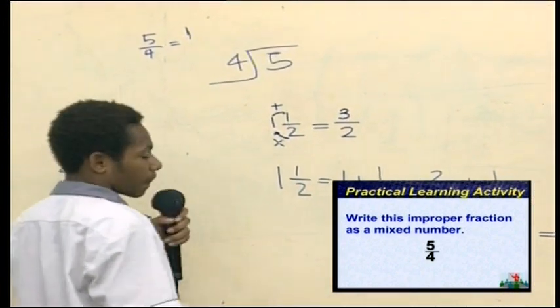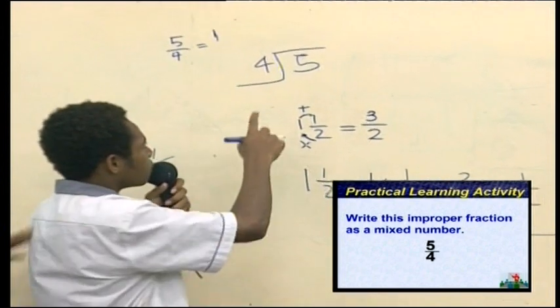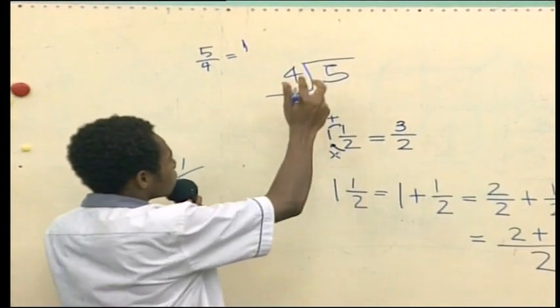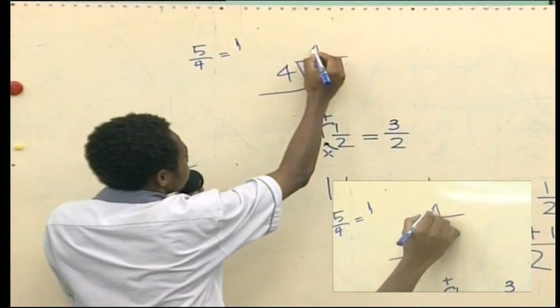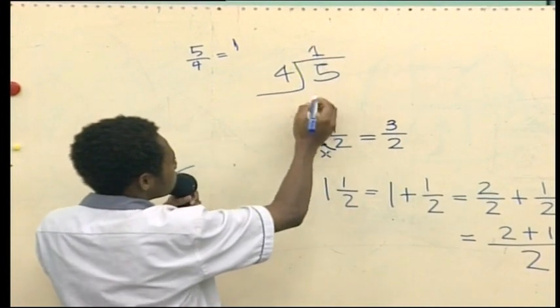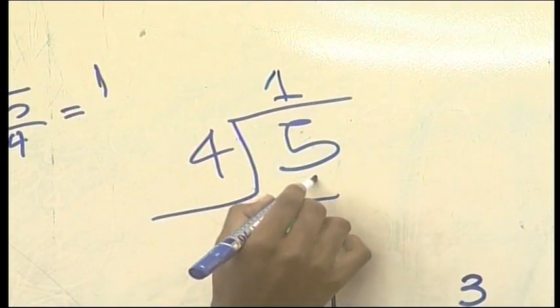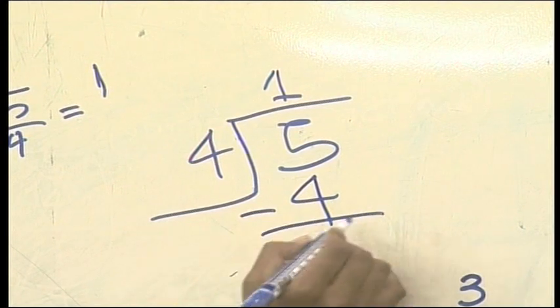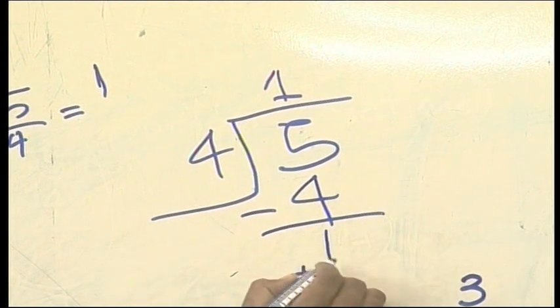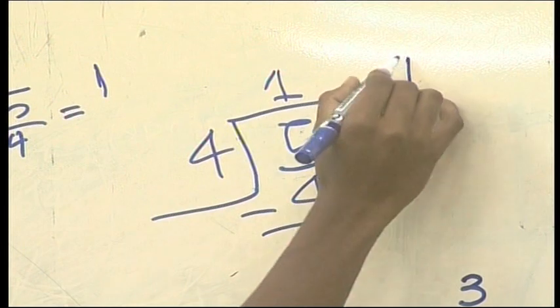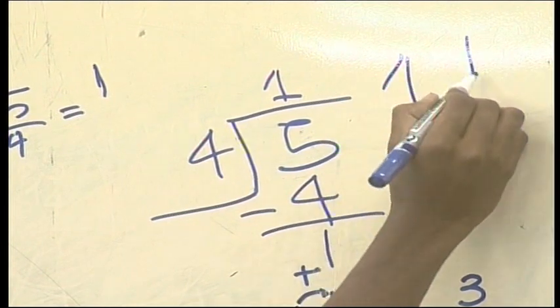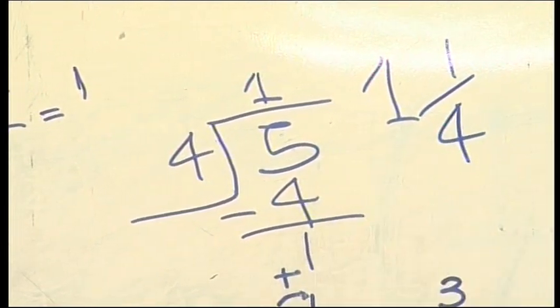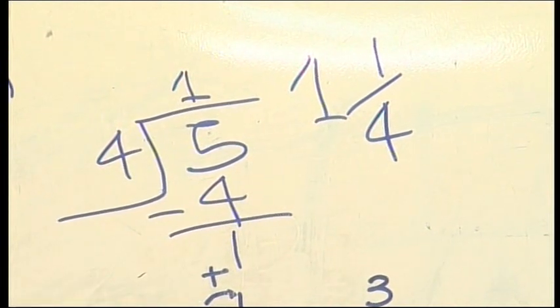Okay class, I hope you're doing the same thing. 4 into 5 goes 1. You put 1 on top here, and 1 times 4 gives you 4. Then you subtract the answer. You get 1 here. So the answer is 1 whole and 1 quarter. Can you write it here? 1 whole.